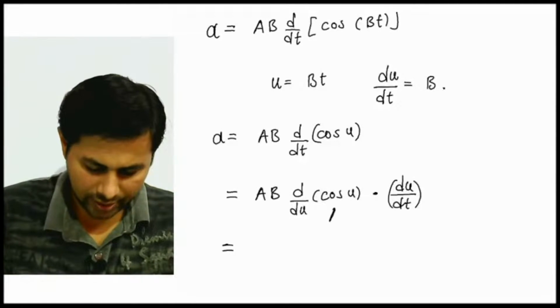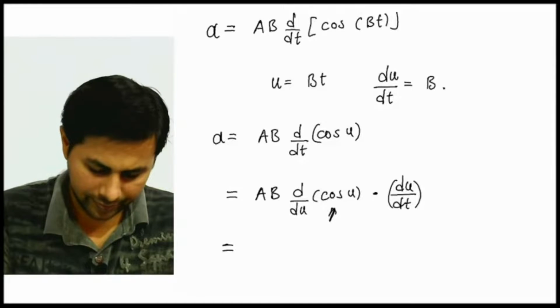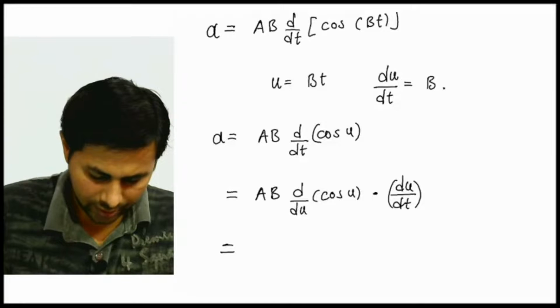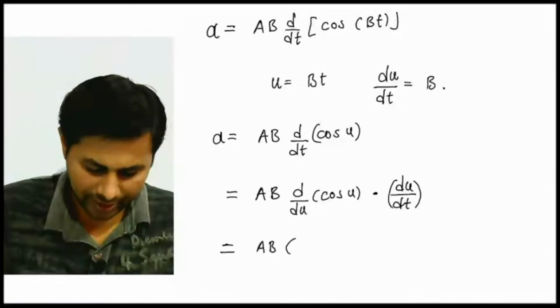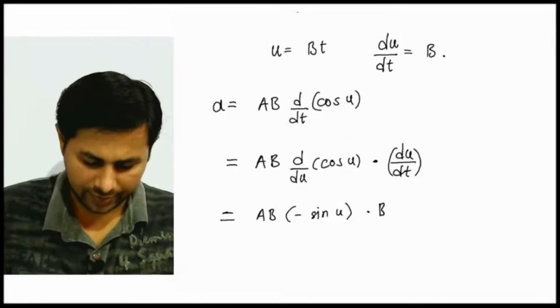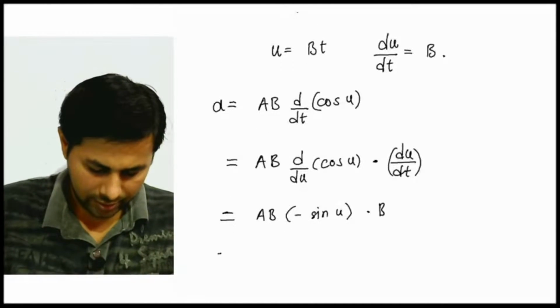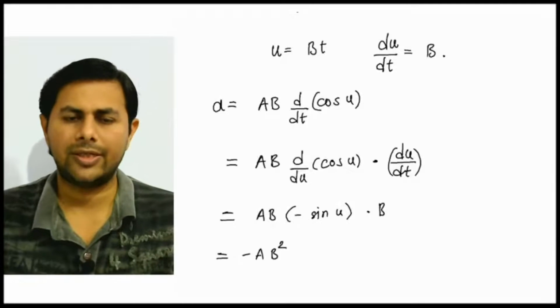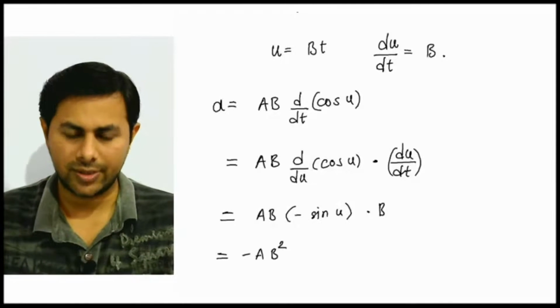So this is minus sine u. So we have ab multiplied by minus sine u, and then du by dt is b. So this will be equal to minus of a times b squared multiplied by sine of u, and u is bt.